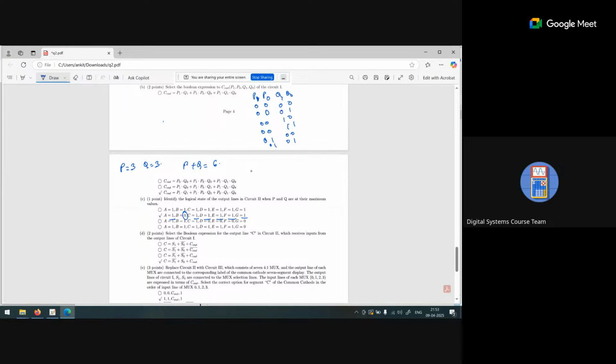It is 0 1 0, with S1 and S2. So for this one it is a 0.